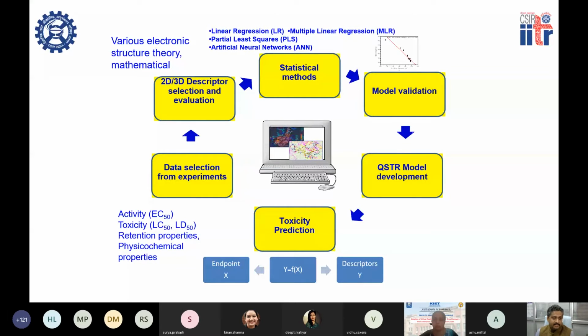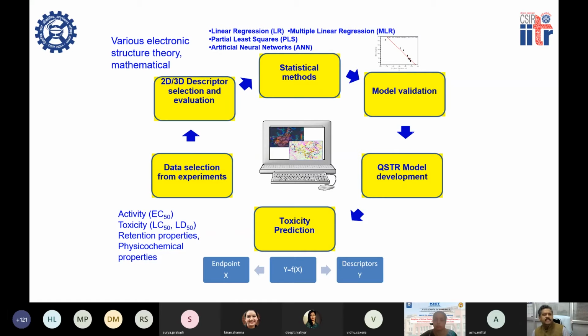Once you collect the data sets, you have a series of compounds, since that is what the data set is based on. Those compound structures are evaluated with various tools and techniques like quantum mechanics methods and molecular mechanics methods. Now so many virtual screening tools are available.